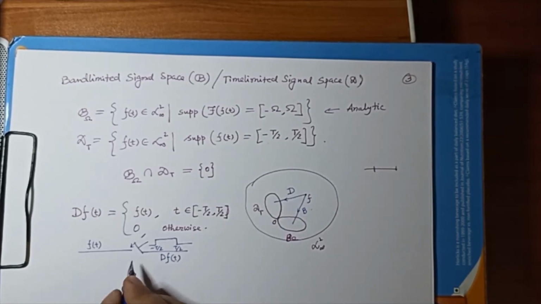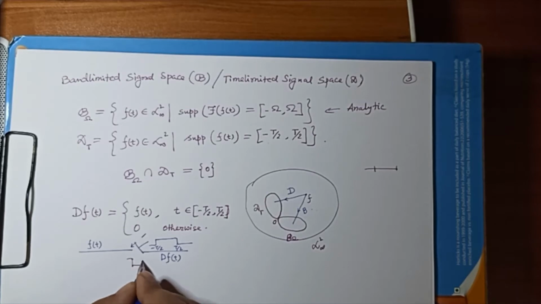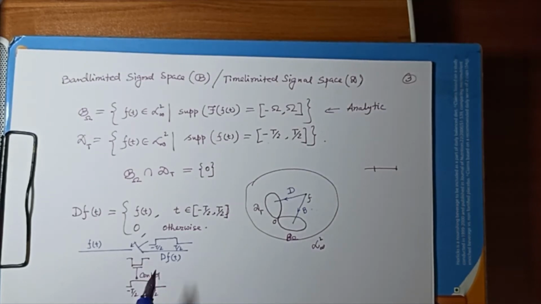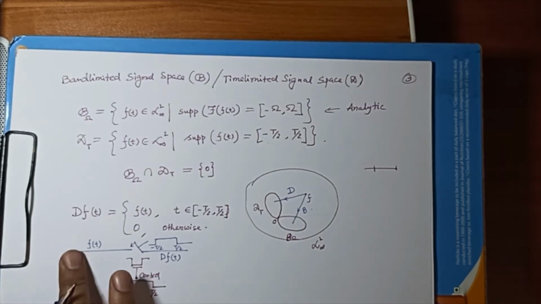Basically this switch is nothing but a MOSFET switch, you can visualize. The MOSFET switch's control signal is basically this signal which is between minus T by 2 to T by 2. When this signal is 1, the MOSFET will allow the f(t) signal to pass. When the control signal is 0, it will not allow the pass and the output will be 0, whatever signal be f(t).